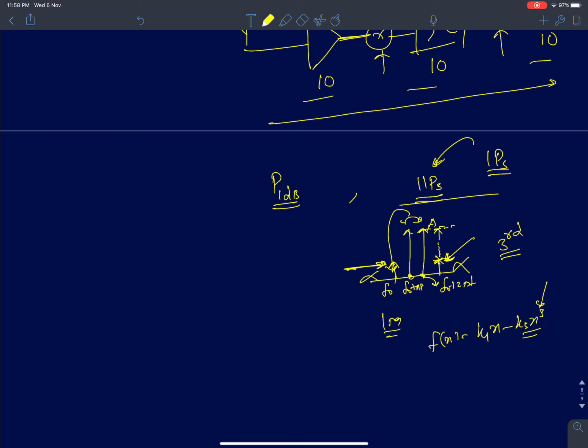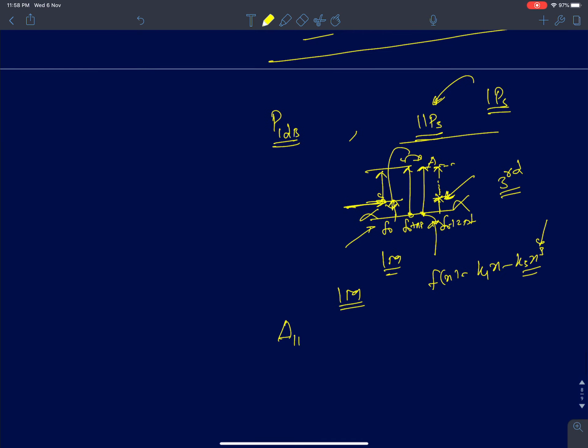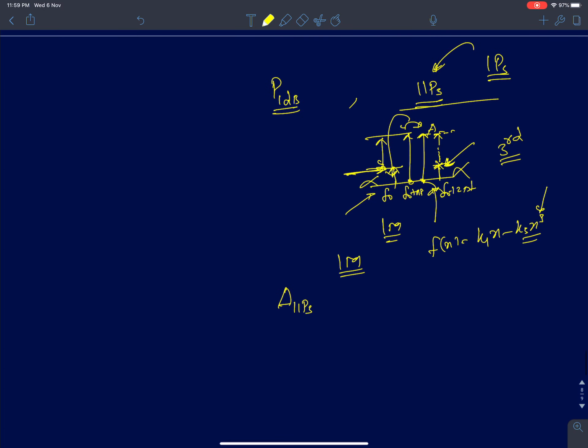This x cube term was giving rise to these two sideband terms, which we called intermodulation products, IM products, and we said this level should be small enough, always within acceptable limits. And we defined the term AIIP3 as the input at which, as you keep increasing the input amplitude, the fundamental increases linearly with the amplitude, but the IM product increases three times as fast.